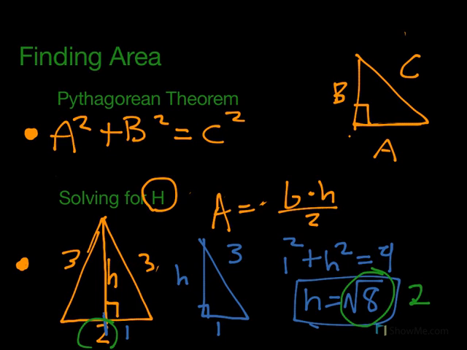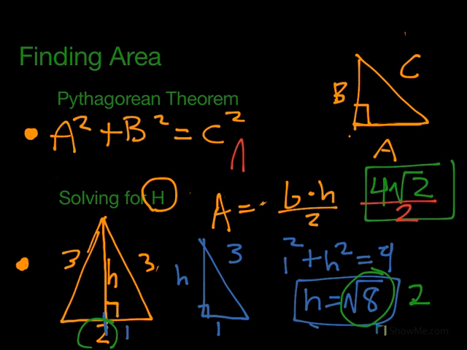The answer is going to be 4 root 2, because we factor out the 2's from the 8. Make sure you remember the other part of the formula, which is base times height over 2. Do not forget the over 2. So the area of this triangle is actually 2 root 2.